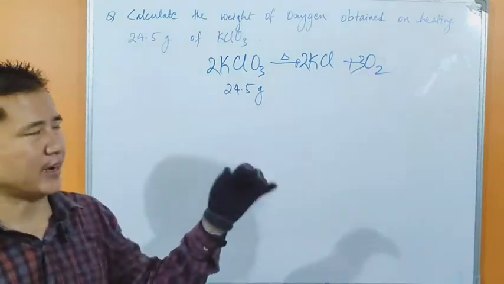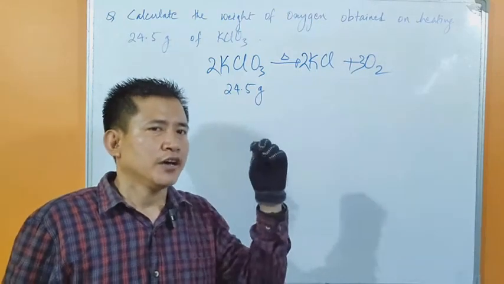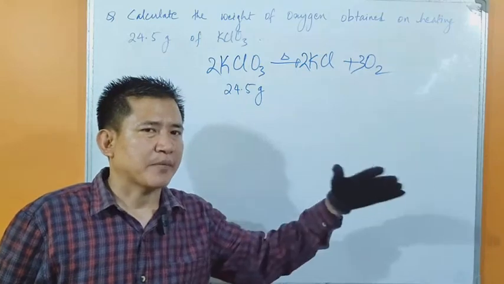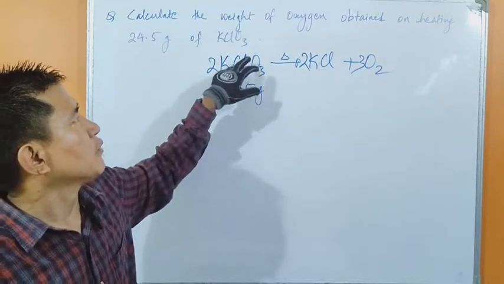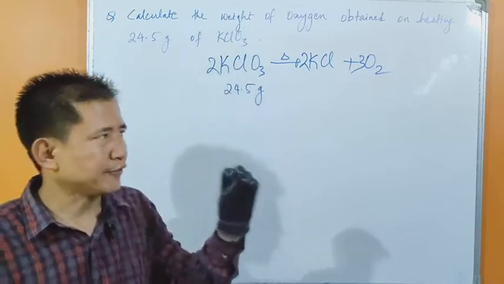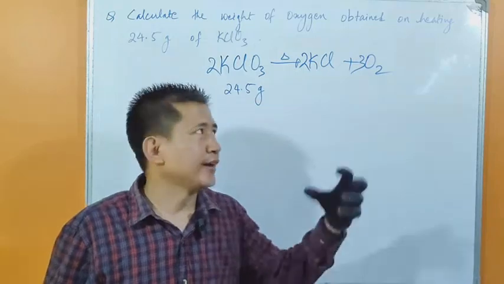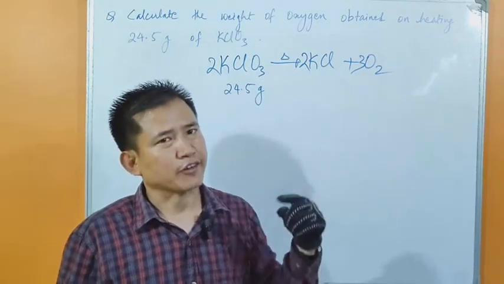First of all, when mass is given, we use the formula number of moles equals given mass divided by molecular weight. That is the number 1 formula. Find the number of moles of potassium chlorate. After that, we will find the number of moles of oxygen, and after that we can easily find the weight of oxygen produced.